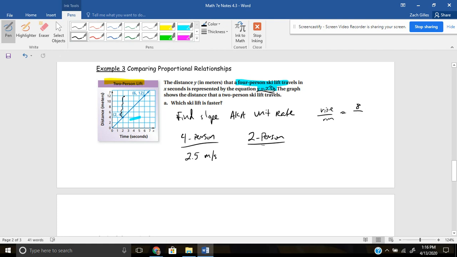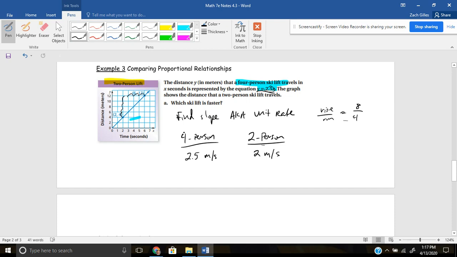These are going by 1's, 1, 2, 3, 4. 8 over 4 gives me 2. So for the 2-person ski lift, that travels 2 meters per second.